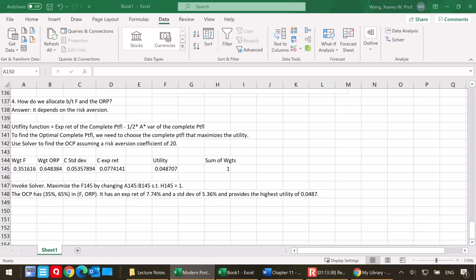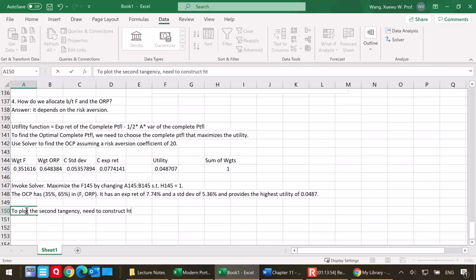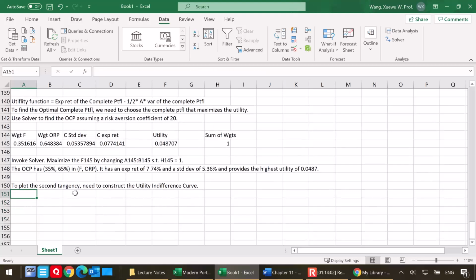Now how do I plot this? If I want to plot the second tangency, we need to construct something called the utility indifference curve. This is a name from your Finance 310, but I'm going to ignore the interpretation because the video is getting a bit long.